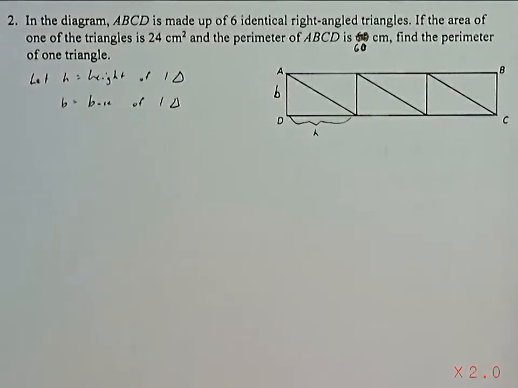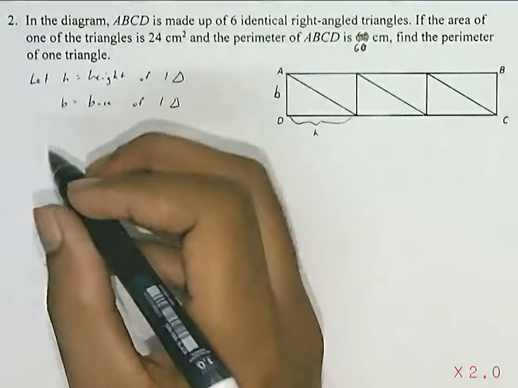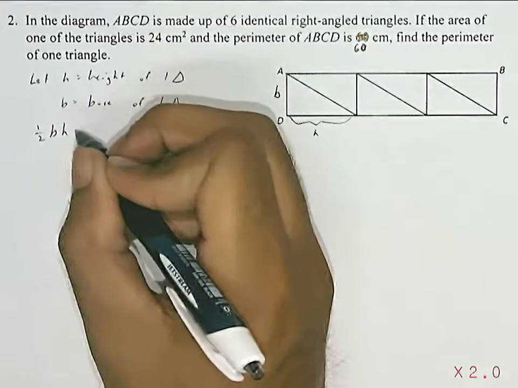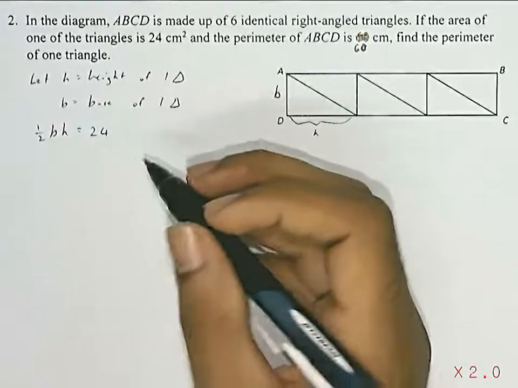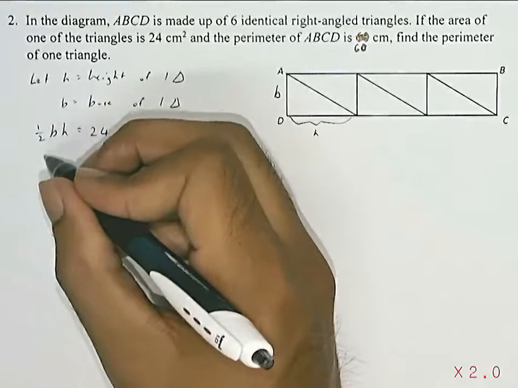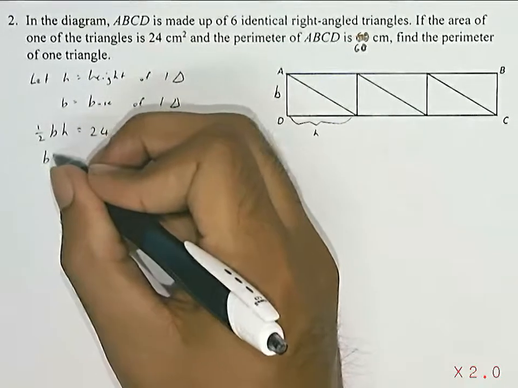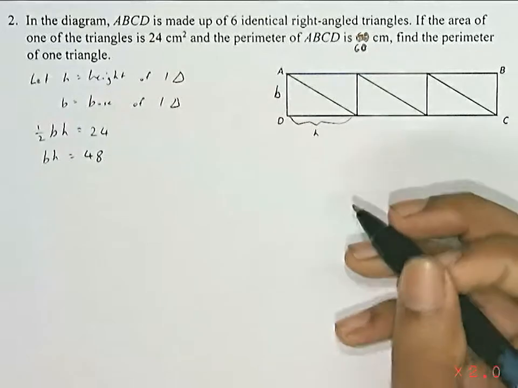So the first statement is that the area of one of the triangles is 24 cm squared. The area of a triangle is half times base times height, and that is equal to 24. To simplify this, we can multiply the whole equation by 2 to get bh is equal to 48.